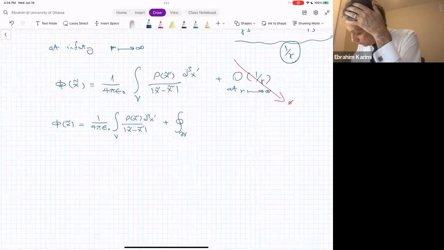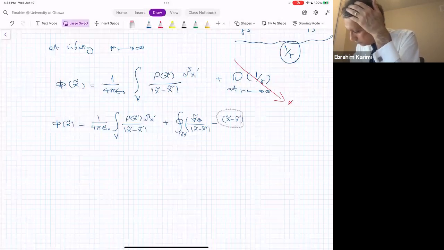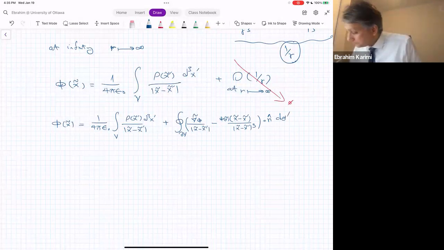So that will be gradient of phi divided by x minus x prime, minus x minus x prime, phi of x prime, over x minus x prime to the power of 3, dot n, d sigma prime. Okay, good. That's what I have.